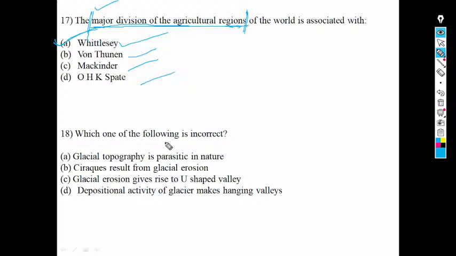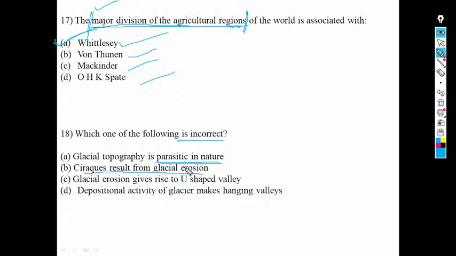Which one of the following is incorrect? Glacial topography is parasitic in nature. Cirques result from glacial erosion.